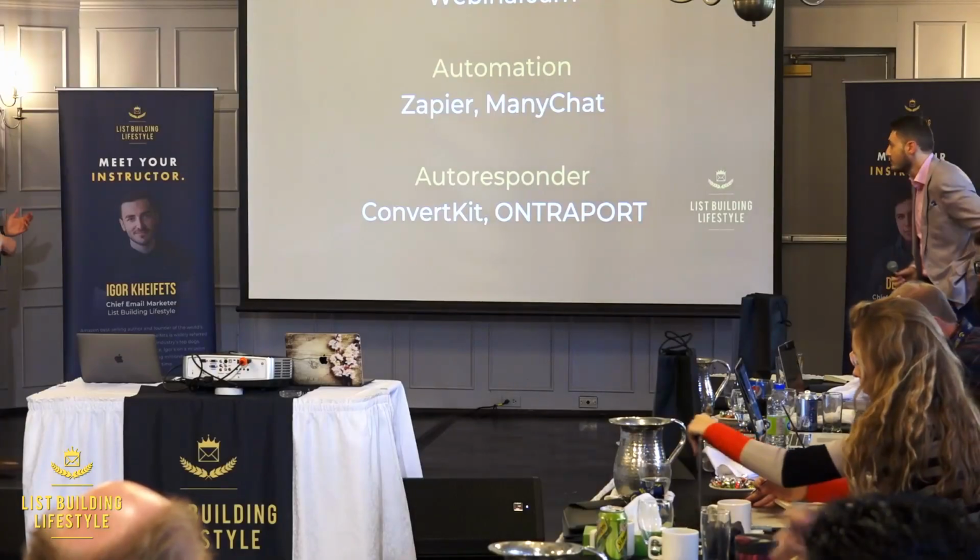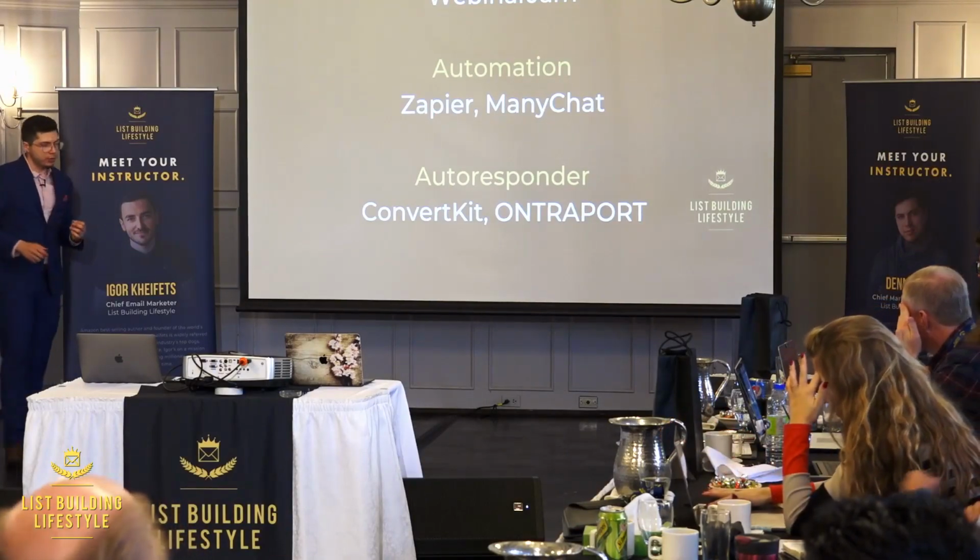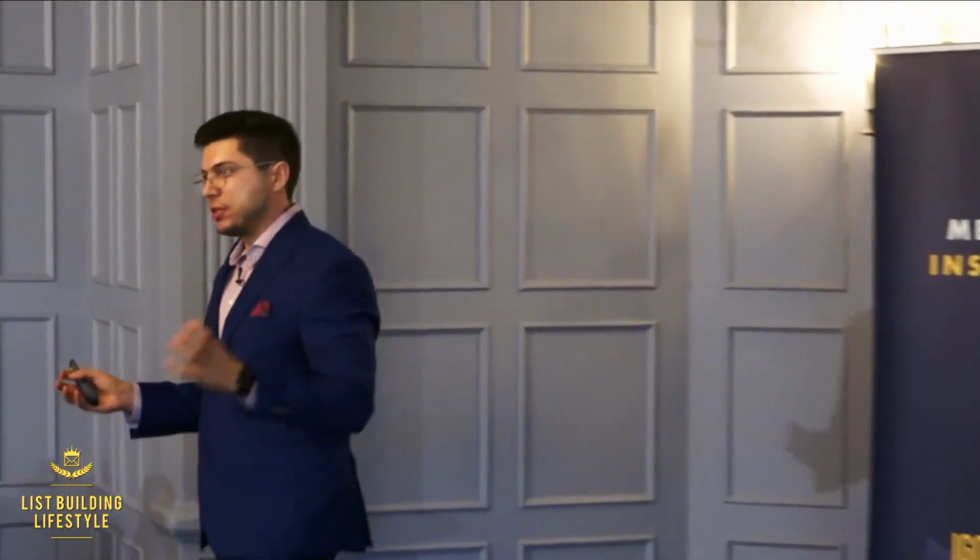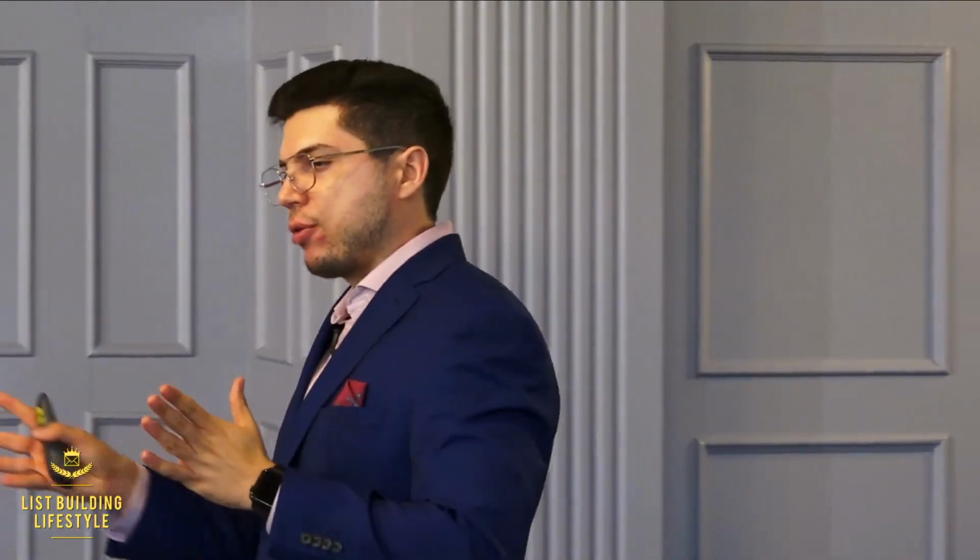And for our autoresponder, we went with our strongest contenders. We went with ConvertKit and Ontraport, which have absolutely amazing delivery. And as Igor mentioned, one of our strategies when it comes to maximizing ROI, especially for this automated setup, is to attack on both fronts, basically.